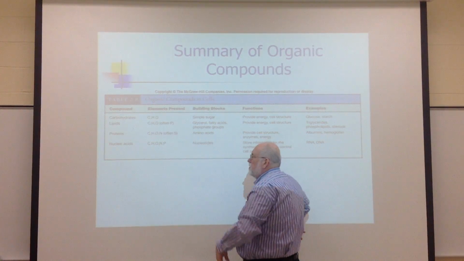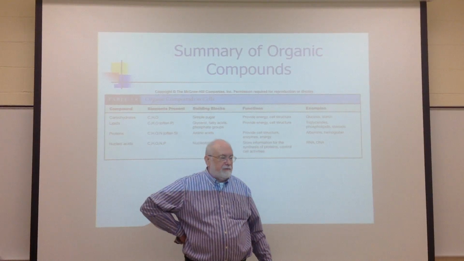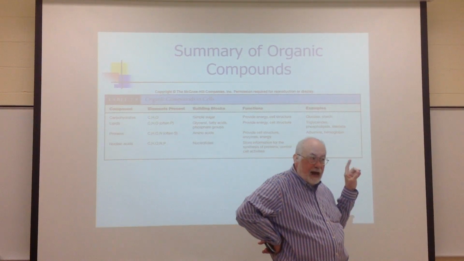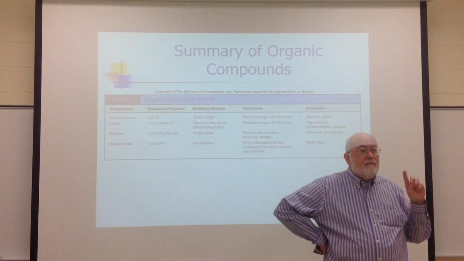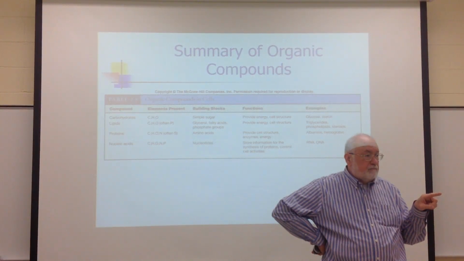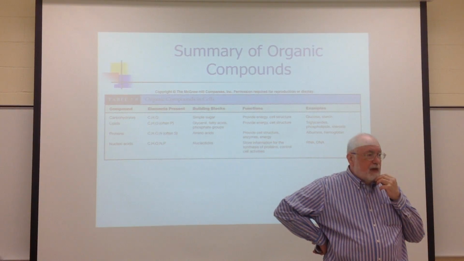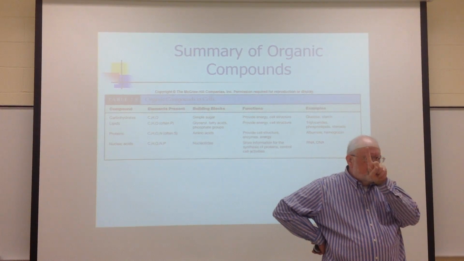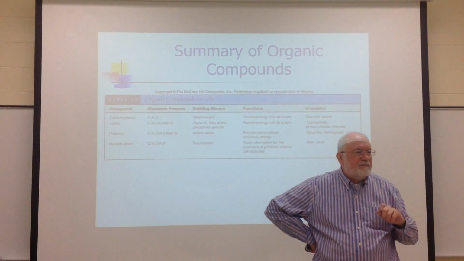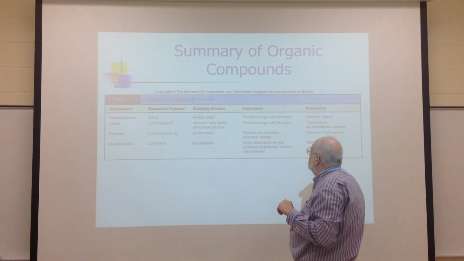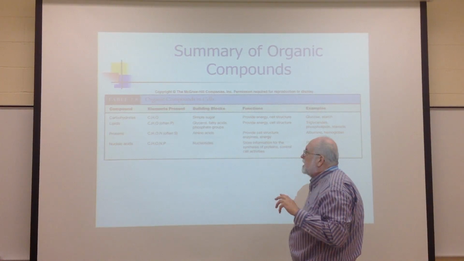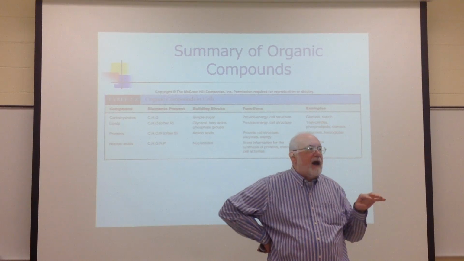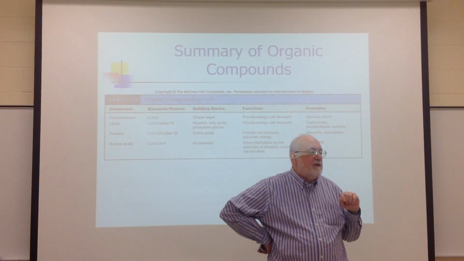And then phospholipids, add to that phosphorus at least. Carbon, hydrogen, oxygen, phosphorus, maybe nitrogen, right? How many phosphorus in a phospholipid? Just one. And then there's cholesterol, carbon, hydrogen, 1 oxygen, right?